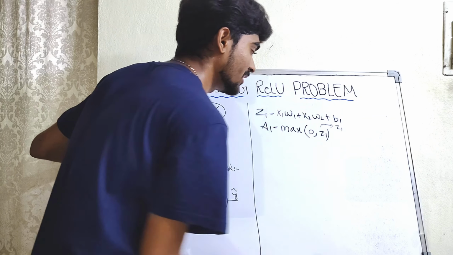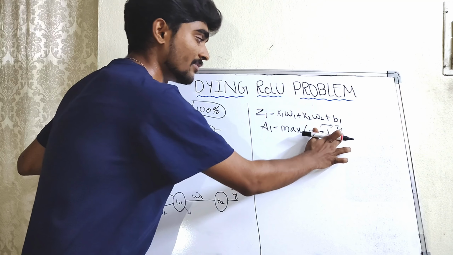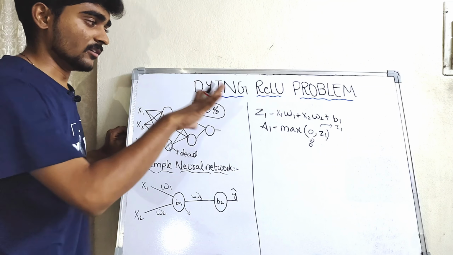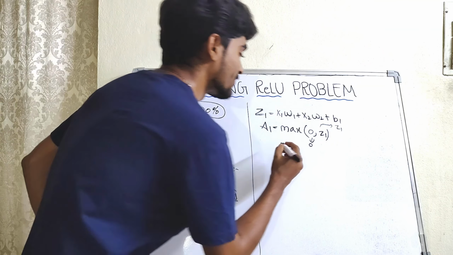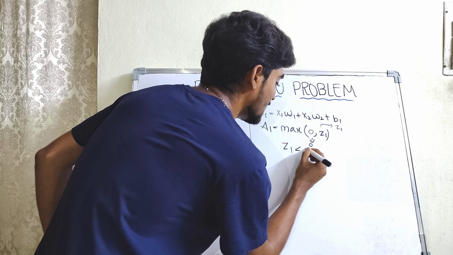When z1 is negative, then the activation function output will be 0. So when z1 is positive, the activation function output will be z1, and when z1 is negative, the activation function output will be 0.